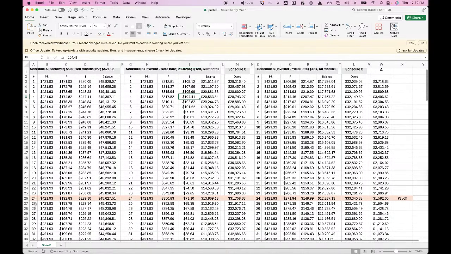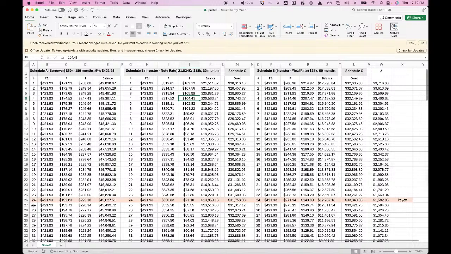So for example, say 2 years go by and this borrower wants to pay you off. You bought 60 payments. 2 years into it, they come back and say, hey, we came into a windfall of money, we want to go ahead and pay you off.